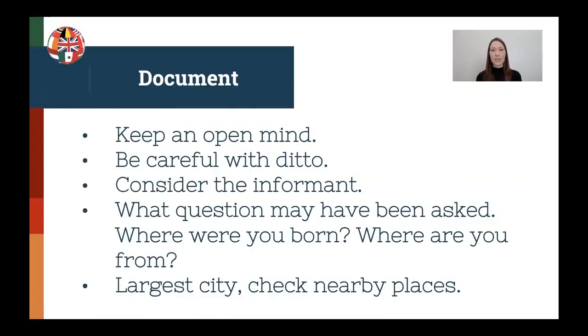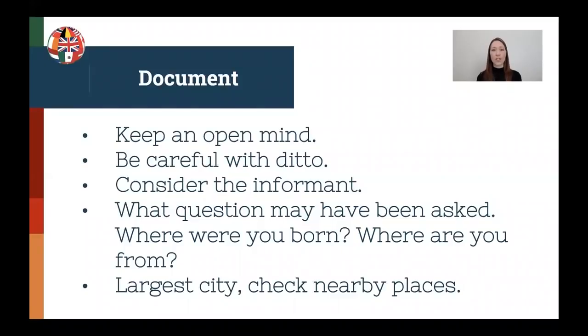We also want to consider who the informant might have been. Who was giving this information on the document? We may never know, but we could maybe think about who it could have been. And would they have known this information, or would they be mistaken possibly because they weren't there when it happened?